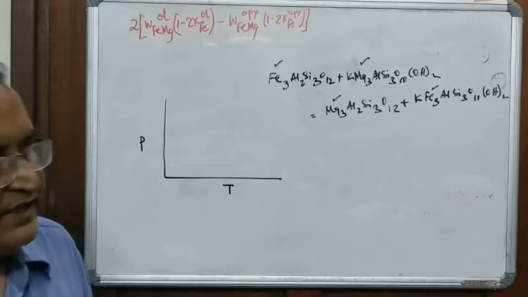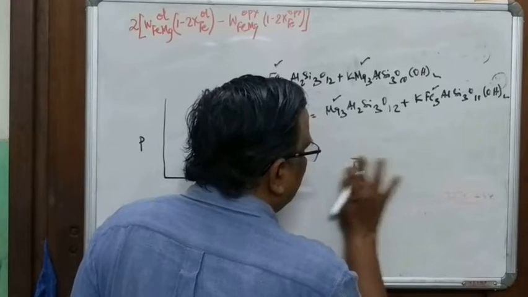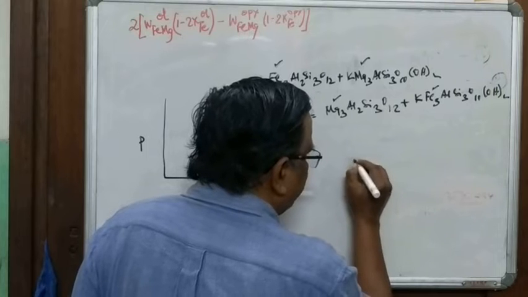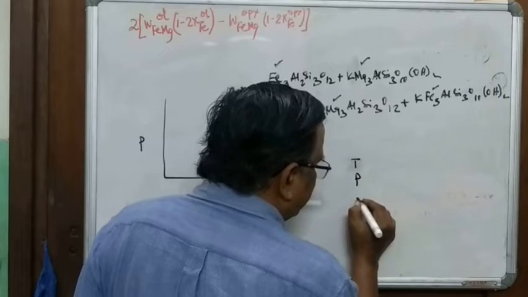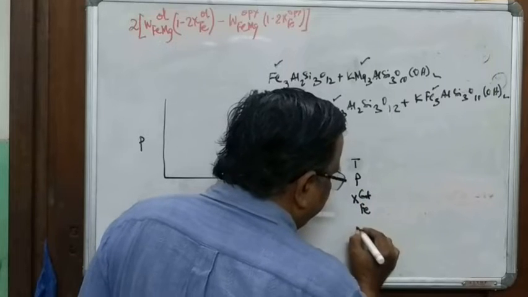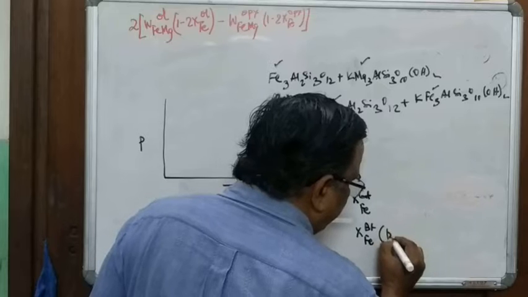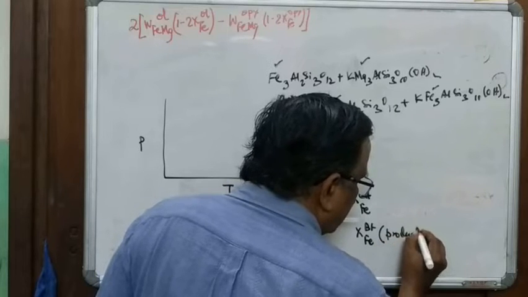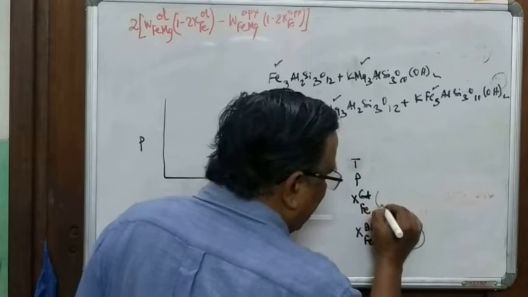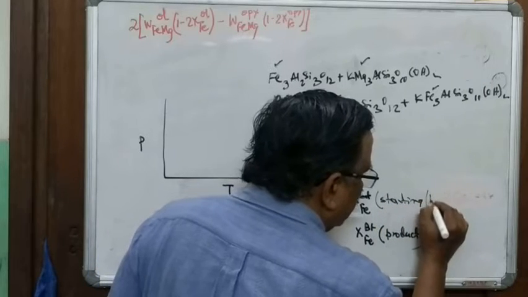So his data had a particular temperature, a particular pressure, a particular composition of XFe garnet, and a particular composition of XFe biotite. Remember, this is the product biotite, not the starting biotite. But XFe garnet is the starting garnet, or it could even be the product garnet.